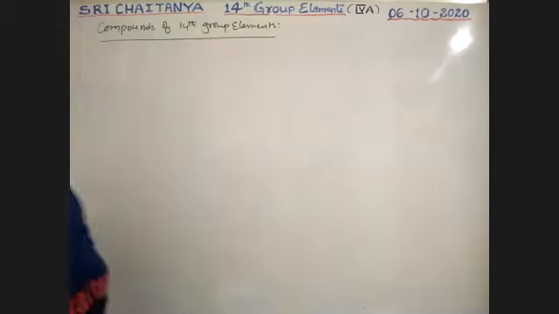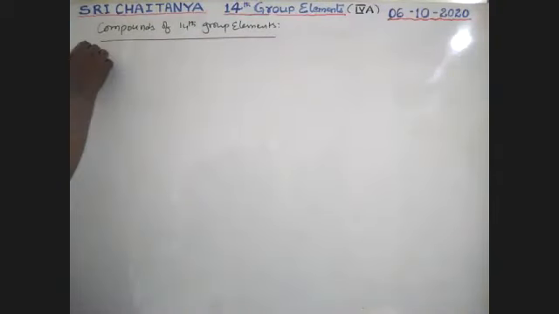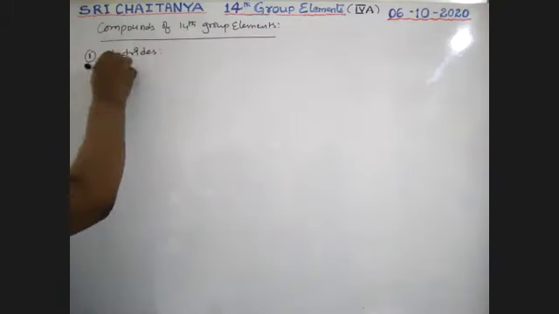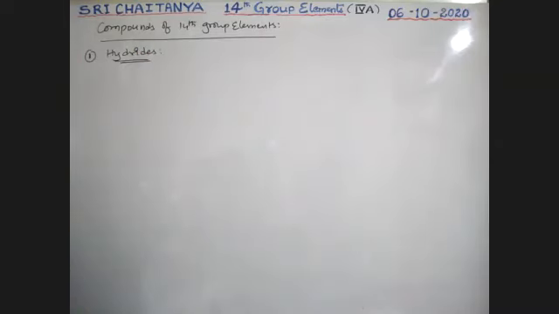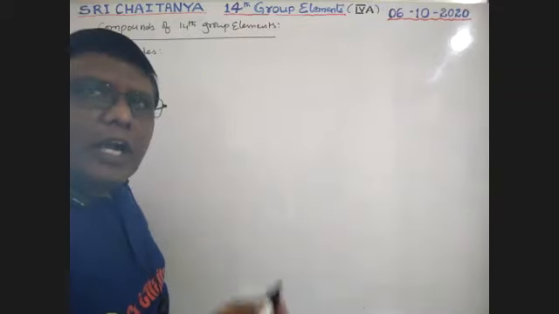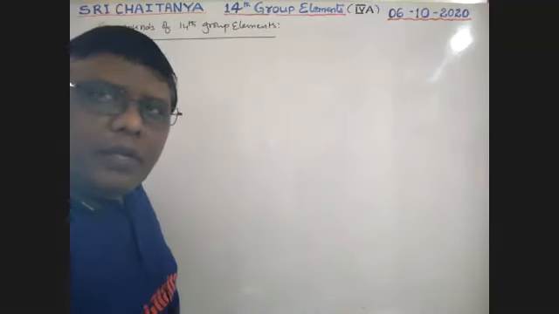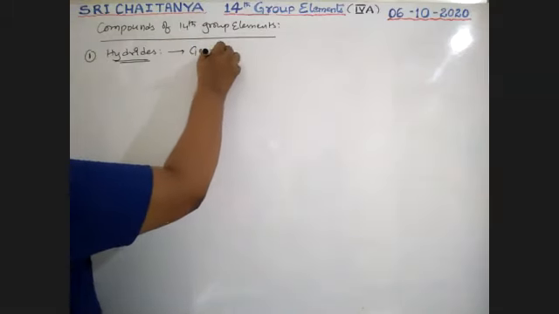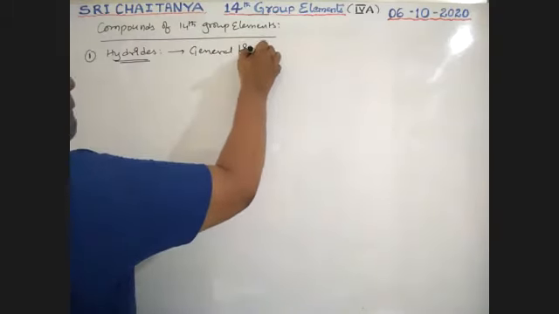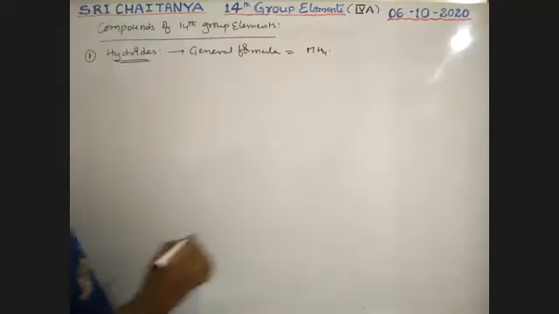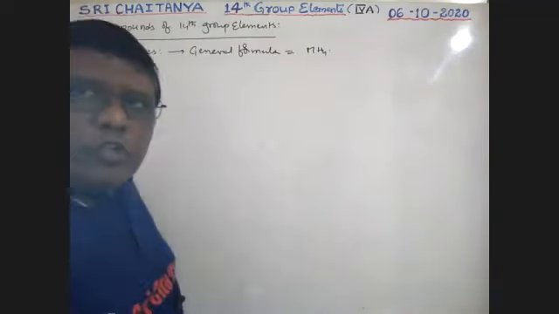The first one is hydrides. Our 14th group elements with hydrogen give compounds called hydrides. The general formula of these hydrides is MH4 type, where M is our 14th group element.